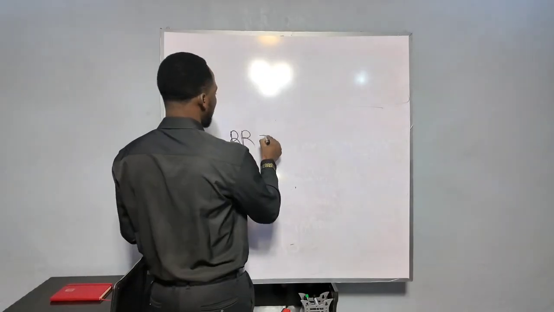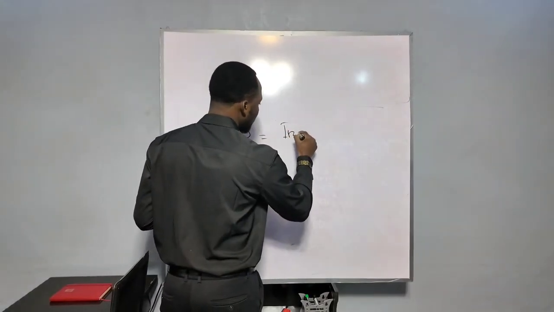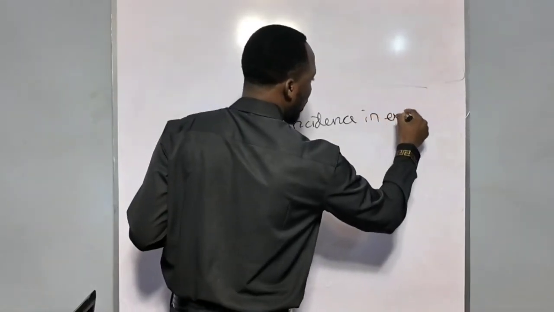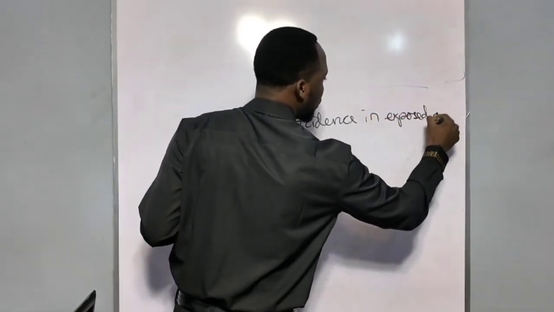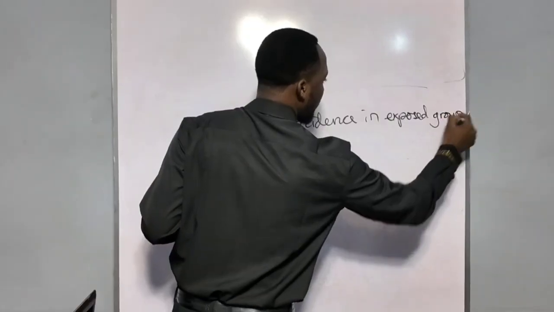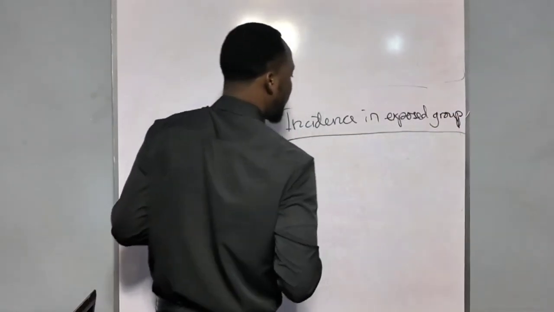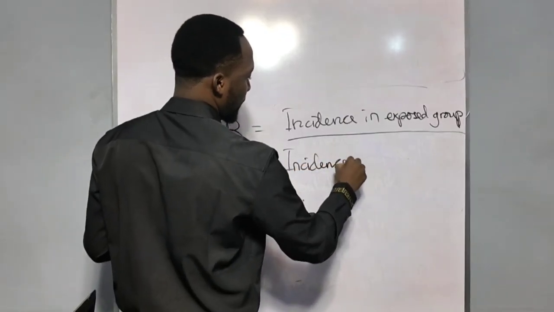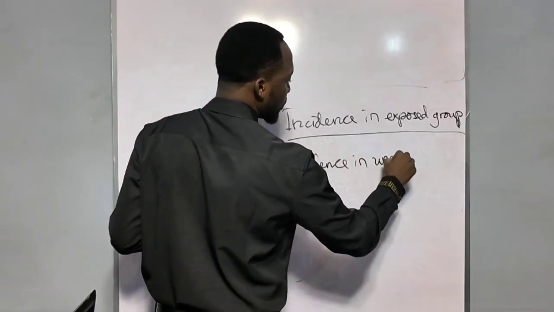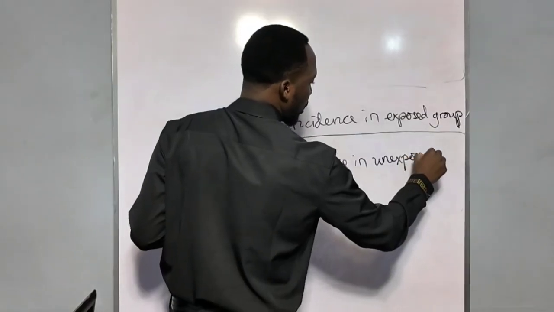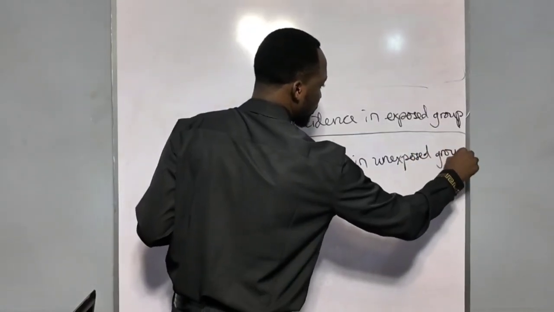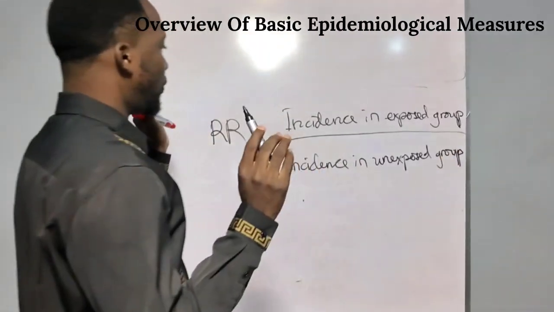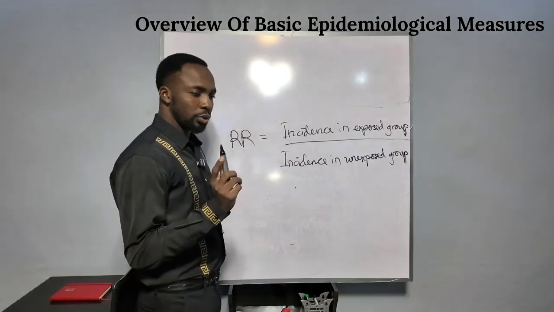Relative risk or risk ratio is just a ratio of incidence in the exposed group divided by incidence in the unexposed group. That's the formula. Now, it's a ratio.